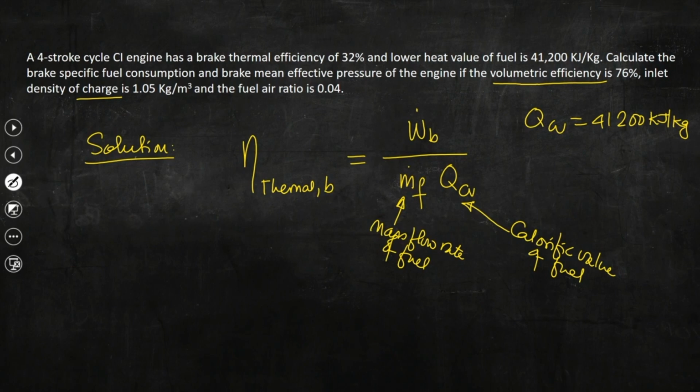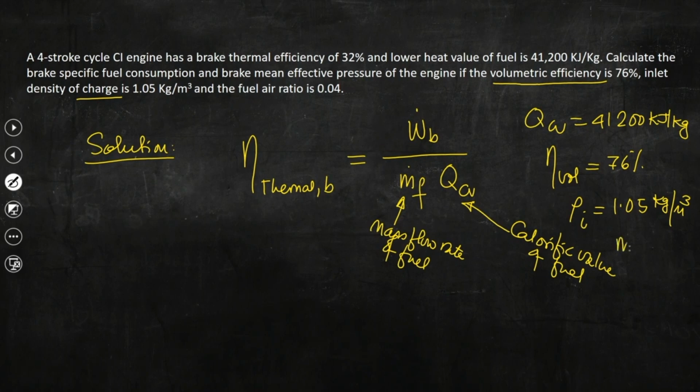Now, volumetric efficiency is given 76%. So, I am writing eta volumetric equal to 76%, and inlet density of charge is given, that is rho inlet, 1.05 kg per meter cube, and fuel air ratio is 0.04.